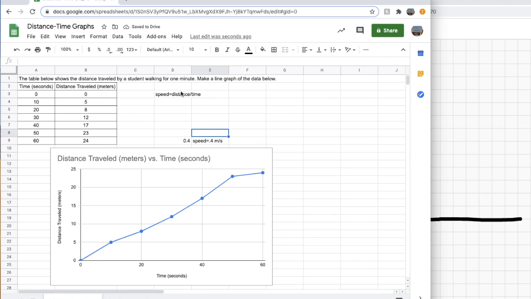So hopefully this whole distance over time should look similar to something that you learned in algebra before, which, if you don't remember, there's one thing that you do on graphs that is your y divided by x. Your distance divided by time is the same thing as rise over run.